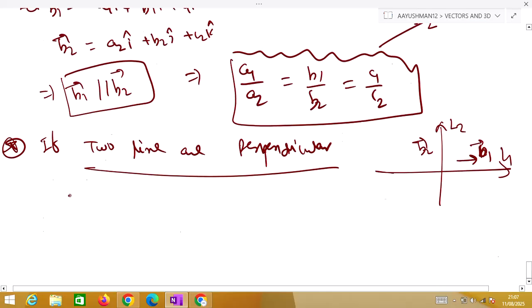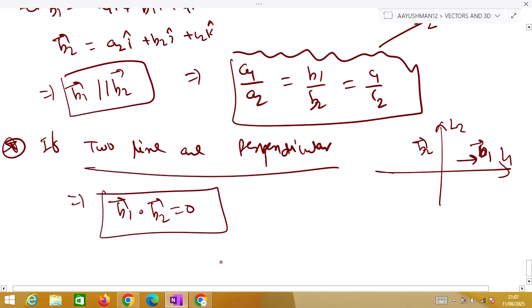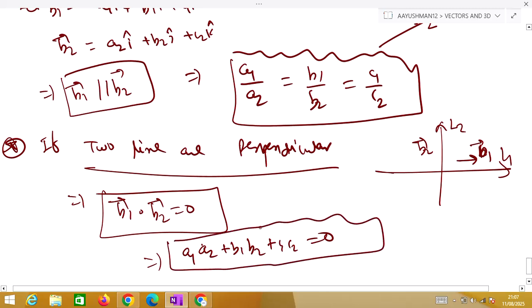Very simply, in this case v1 vector dot v2 vector will be 0, and if you want to put the components, it will be a1 a2 plus b1 b2 plus c1 c2 is equal to 0. So this is the condition for two lines to be perpendicular. Clear?